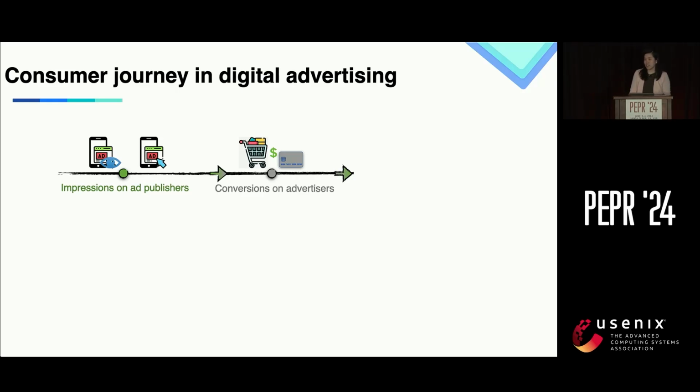And on the other side, user might be picked by one of the advertisement and click on the ad to actually go to a commercial website such as Nike.com, and they could browse different products and eventually buy something. And these are called the conversion data on the advertiser side.